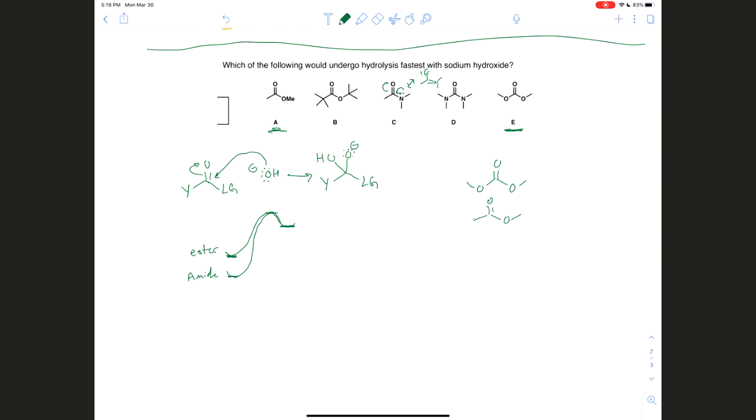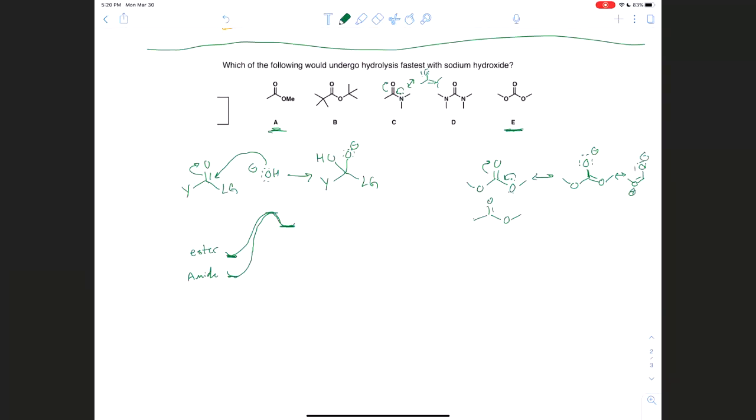So the one that has the most donation is essentially the one that would have more resonance isomers. So in the case of a carbonate, we have two different oxygens that are donating charge into the carbonyl.